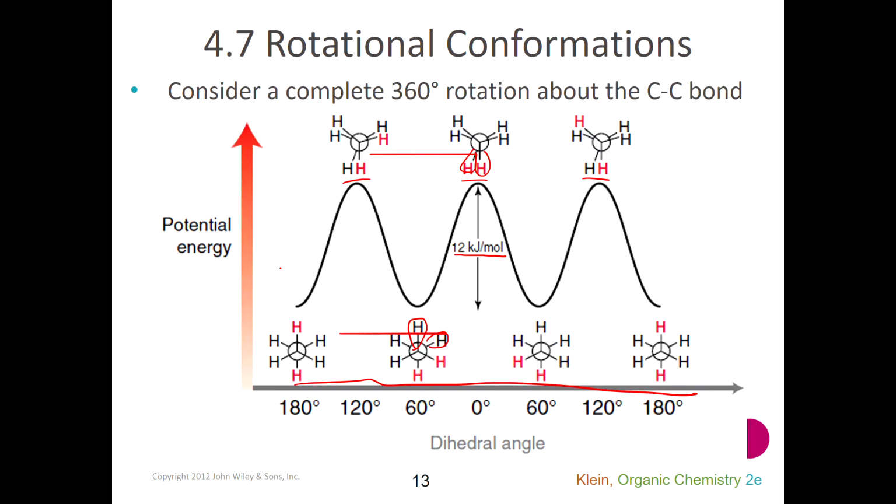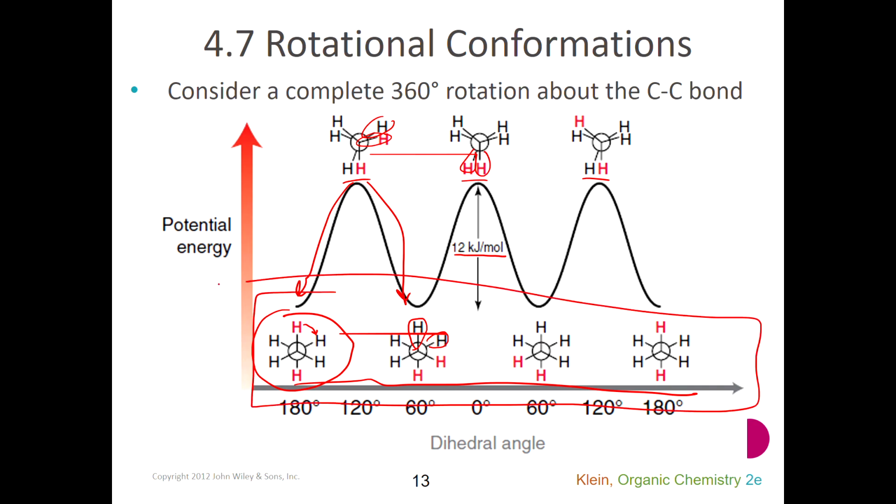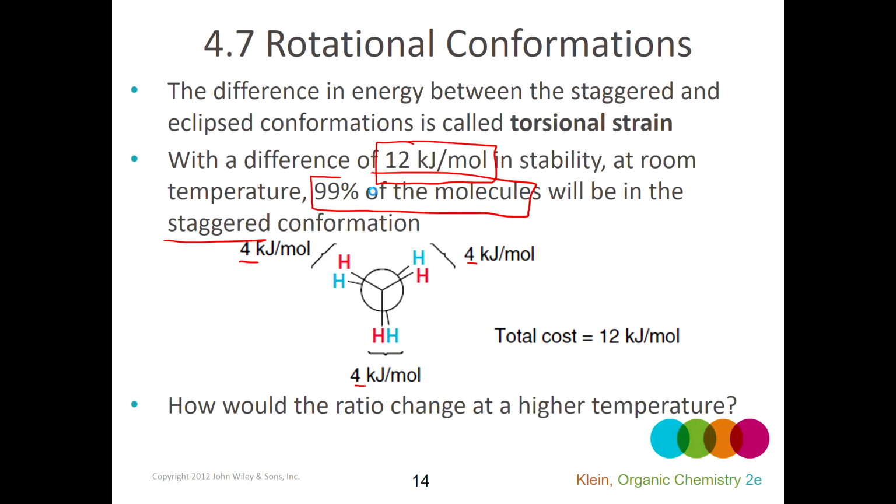So what that means is, if my molecule looks like this, and it rotates that front carbon to the point where it eclipses over here, as soon as that happens, it's going to rotate back out of that and either go back to where it started or over here to the next staggered conformation. So 99% of the molecules will be in one of these forms, and only 1% will be in the other form, and that will only happen for a second because it will rotate out of that due to the torsional strain between the hydrogens.